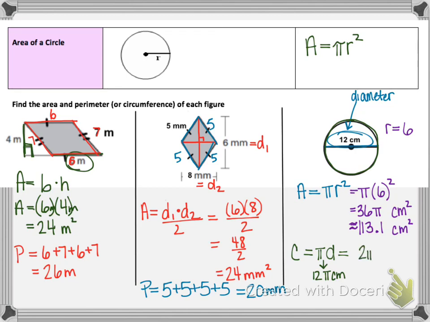Or I can do 2 times pi times the radius, 2 pi r, and I would still get 2 times pi times 6, which would give me 12 pi centimeters. So either way, you're fine. And then if you wanted to know what that was as a decimal, 37.7 centimeters would be the distance around that circle. Okay.